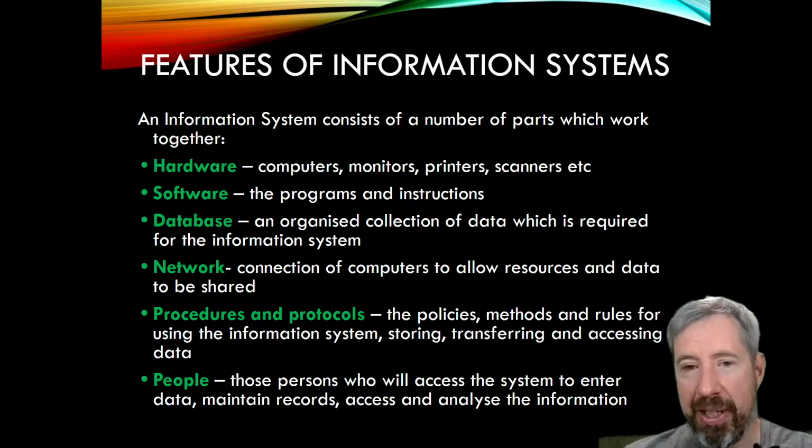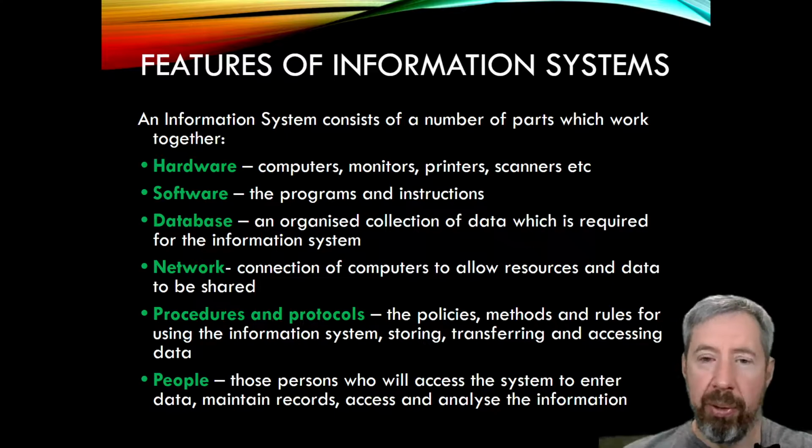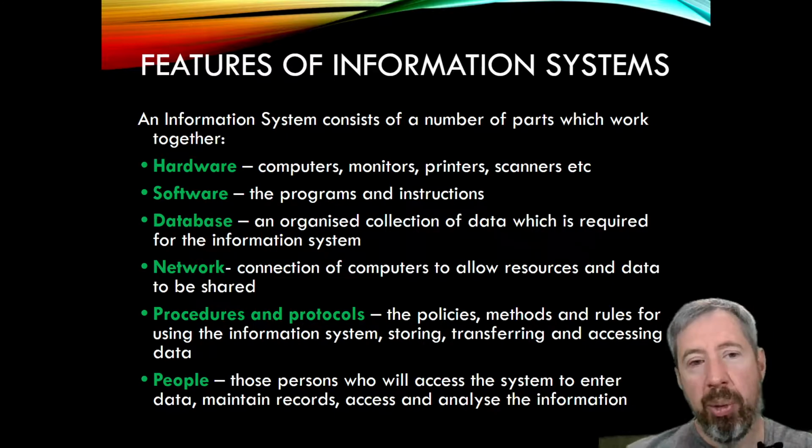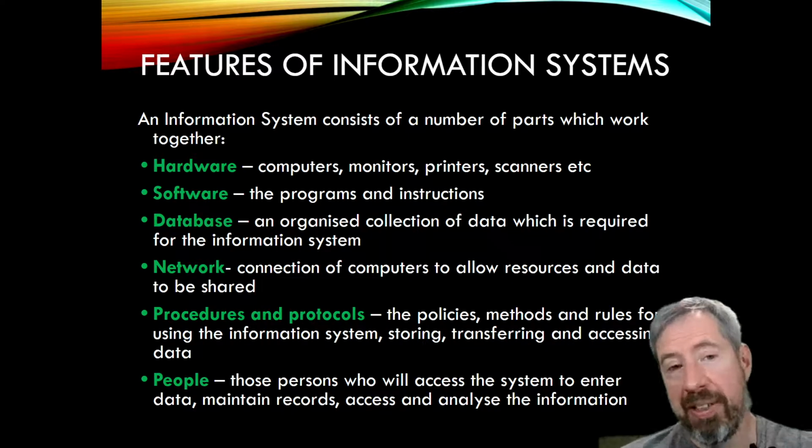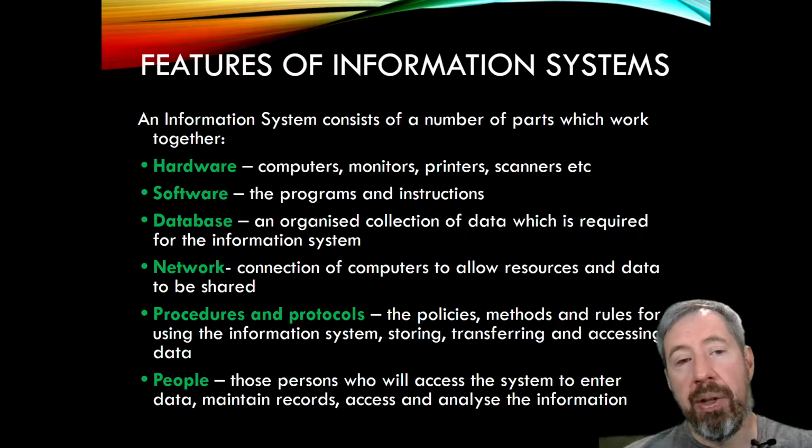They might have EPOS systems and tills, and they might have a whole host of other equipment. But this hardware is needed. It's a physical interface and a way of actually storing the data.